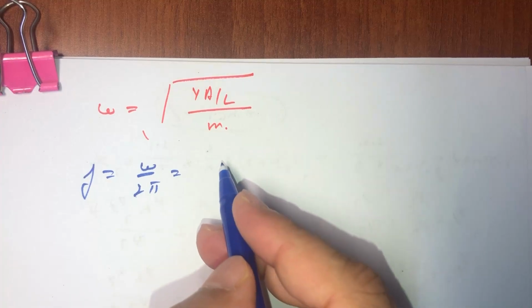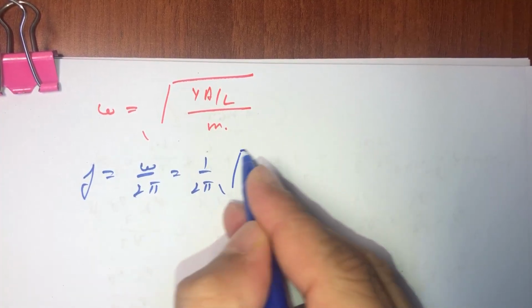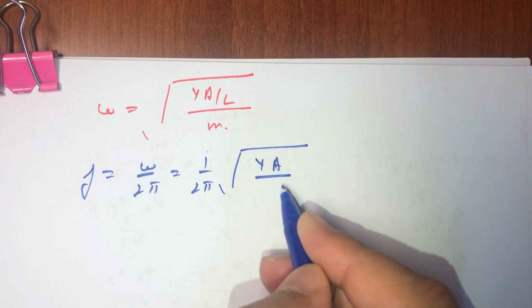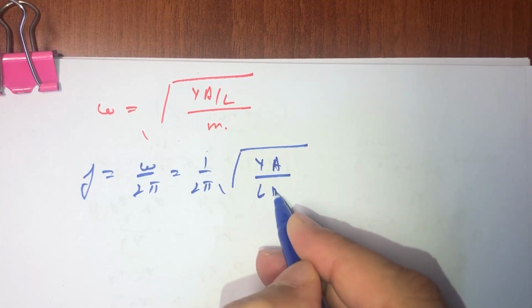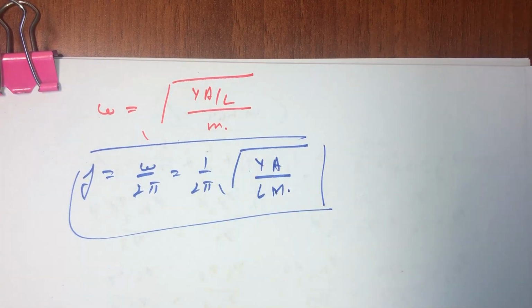So substituting the value of omega, we get 1 upon 2 pi times the square root of YA upon LM. So this is our frequency of SHM along the vertical line.